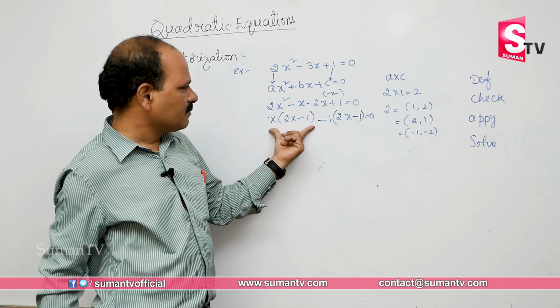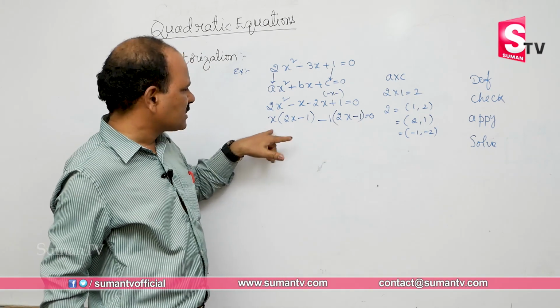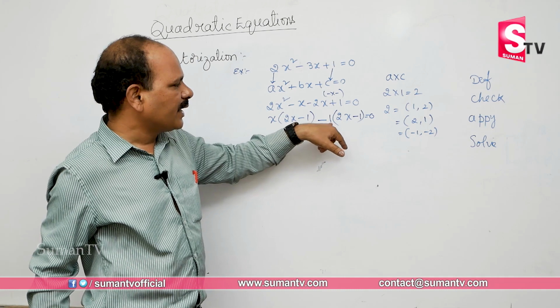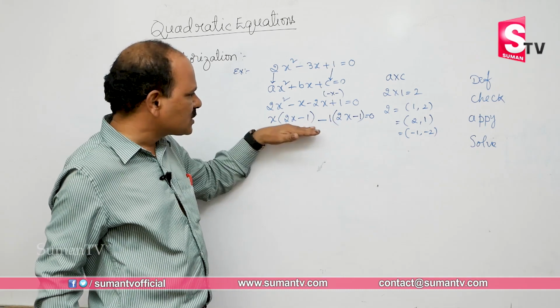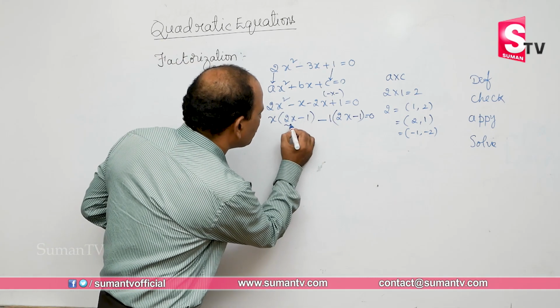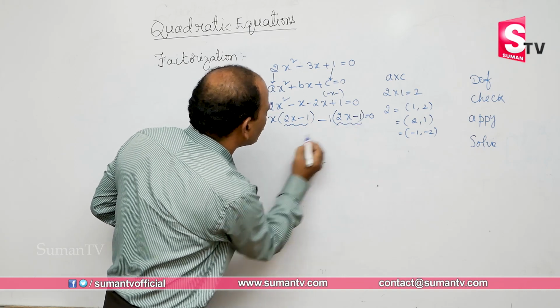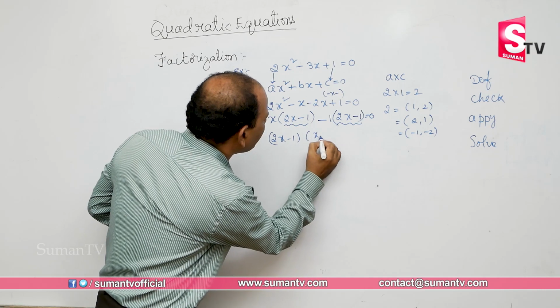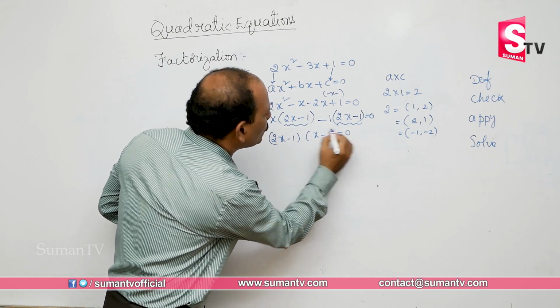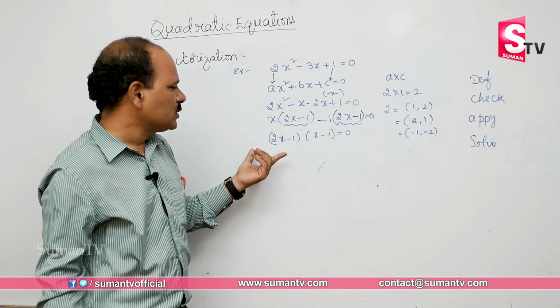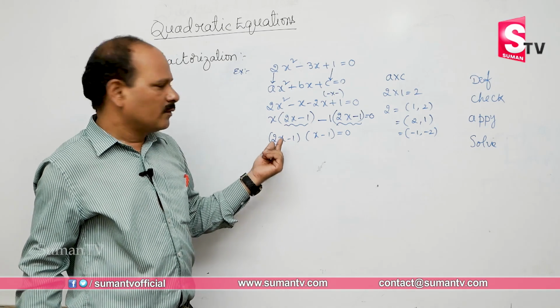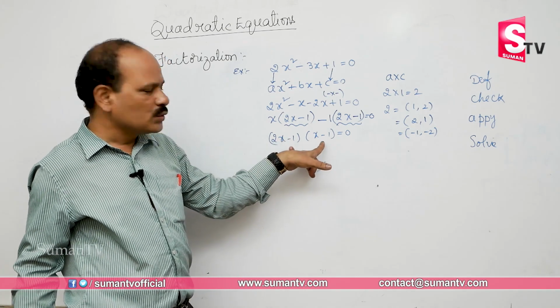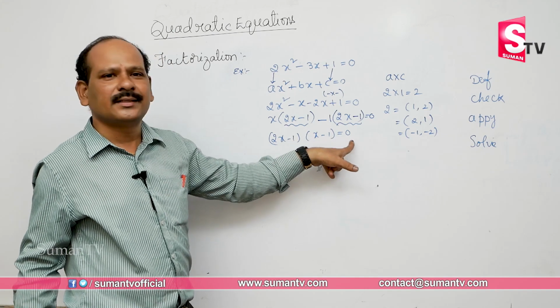Again, from the first term and second term, x into 2x minus 1 and minus 1 into 2x minus 1, from these two also I can take this part common again. 2x minus 1 and x minus 1 is equal to 0. Now, if any one of these two is equal to 0, then only we will get the result 0.